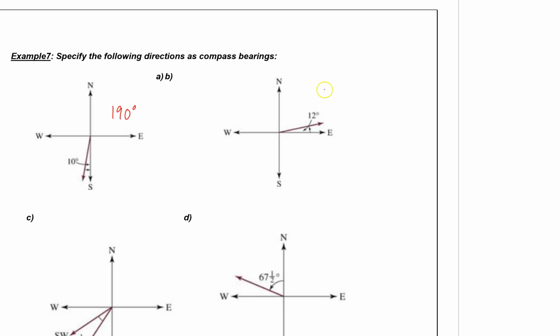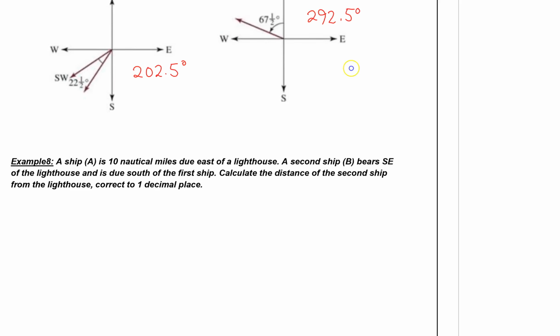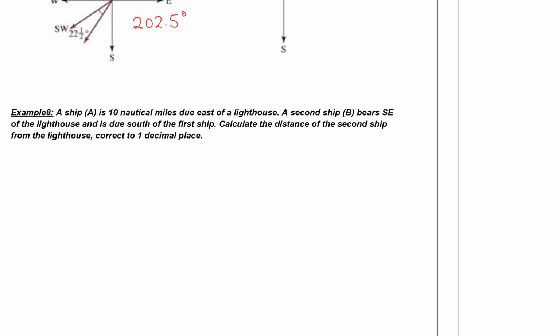Here, 12 less than 90, 78 degrees. 22 less than southwest, 22 less than 225 is 202.5 degrees, and 67.5 less than 360 is 292.5 degrees. So that's for each one of those cases. The bearing that we've given describes the angle measured from north in a clockwise direction.